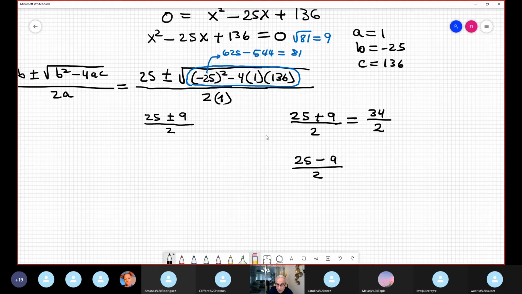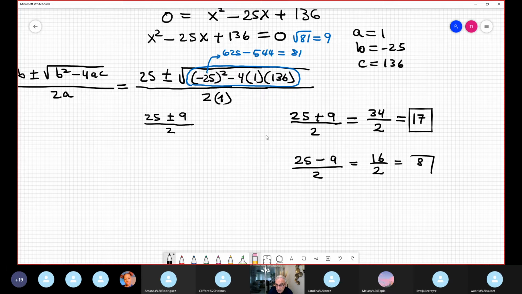And 34 divided by 2 is 17. Yeah, I put it in a box because this is a potential solution. And 25 minus 9 is 16. And 16 divided by 2 is 8.